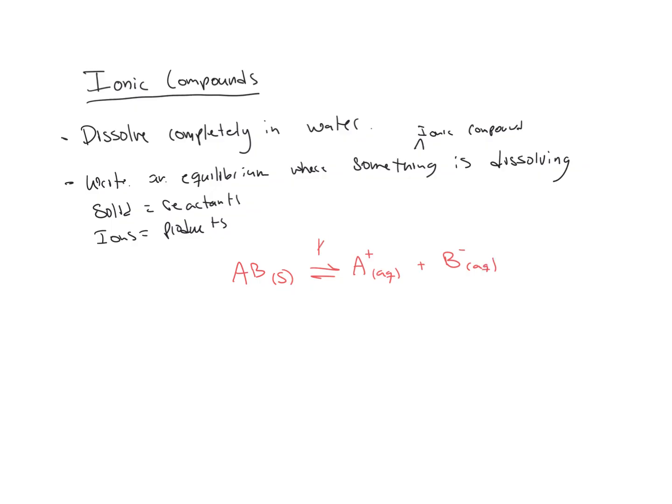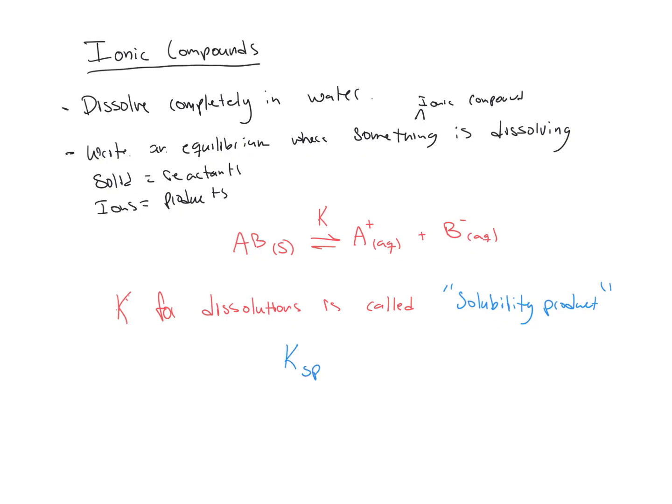This will have an equilibrium constant K, and the K for dissolutions is called the solubility product. And we give it the subscript KSP. And so if you see this, you essentially think ionic compound is dissolving in water.